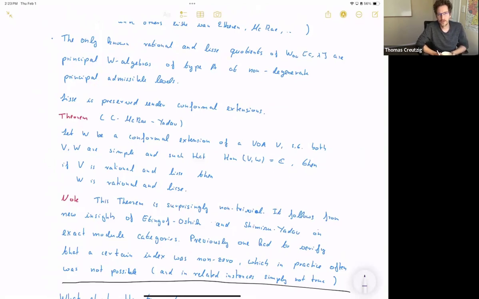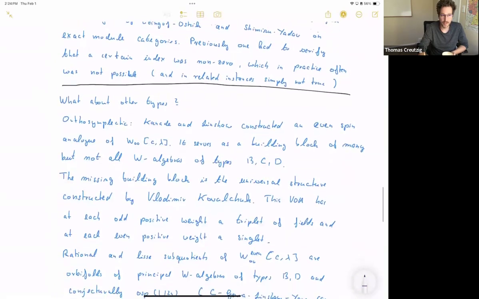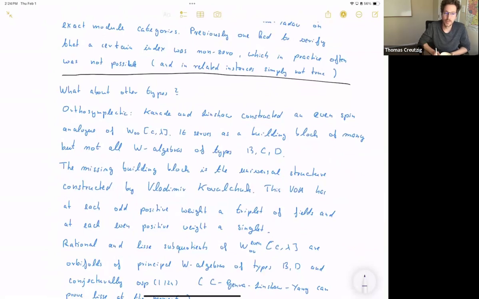And that gives you, for example, a very good explanation of what the rational W-algebras of type A are, because, provided the conjecture is true, they should be precisely the extensions of those cases where all building blocks themselves are rational. Which of course should be very rare, explaining that rational W-algebras beyond the principal type are not very frequent, which we indeed know they are not.